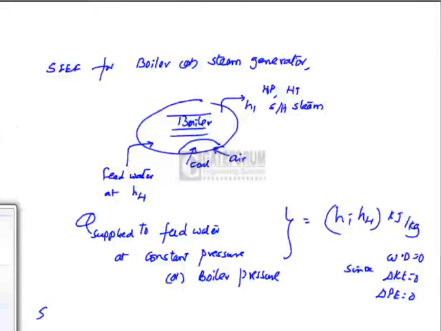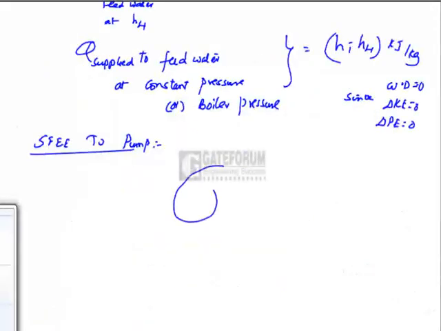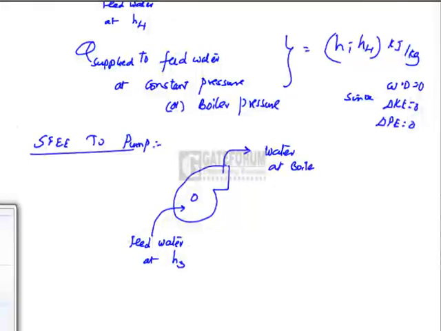Now, applying SFEE to the pump. The pump is a steady flow device which receives feed water at enthalpy of H3 and increases its pressure to boiler pressure, and exit enthalpy is H4, and there is mechanical work required for the pumping.